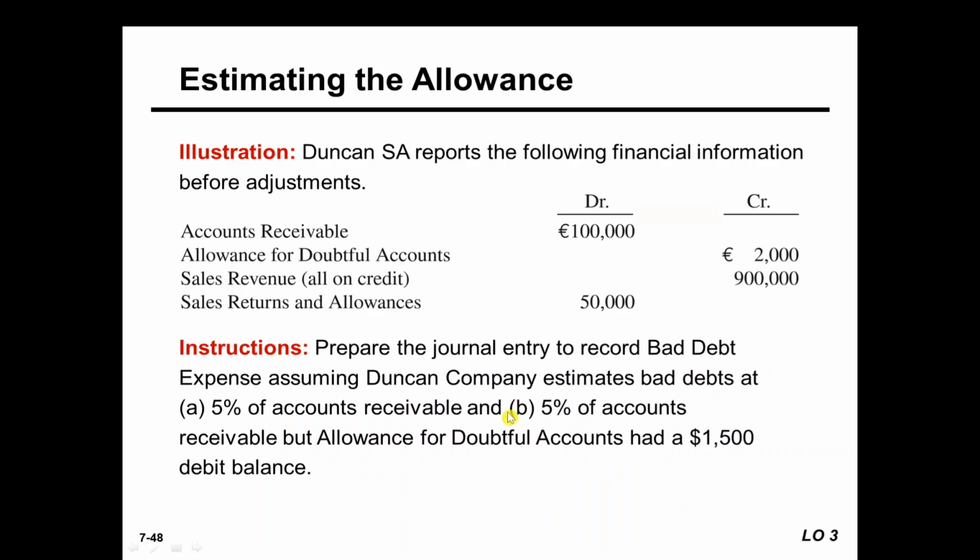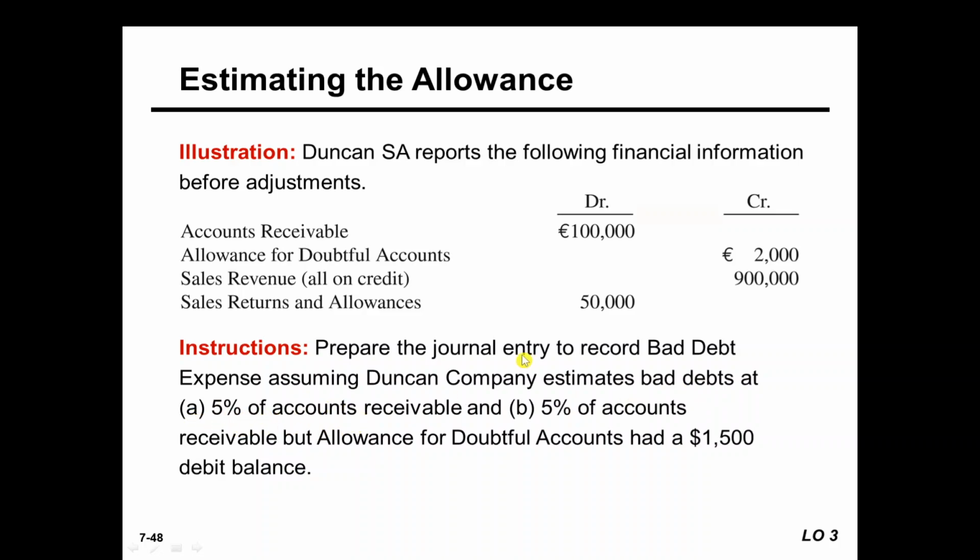The next illustration: Duncan SE reports the following financial information: accounts receivable 100,000, allowance for doubtful accounts 1,500, sales revenue all on credit 900,000, and sales return allowance 50,000. Prepare the journal entry to record bad debt expense, assuming that Duncan estimates bad debts at 5% of accounts receivable.